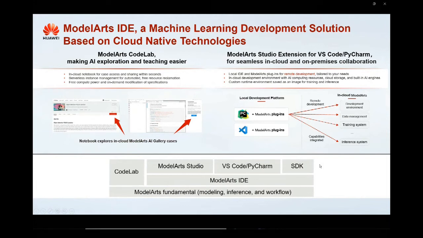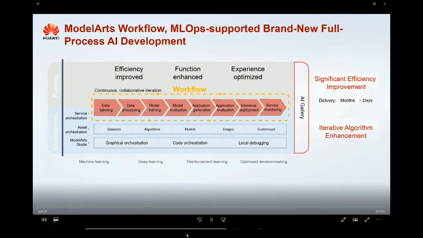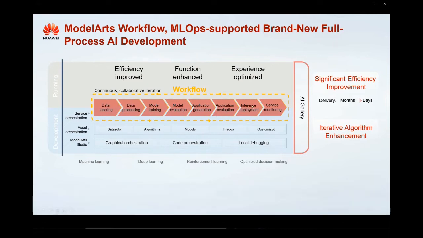And the workflow, we have two types. One is development, one is running. This workflow I mentioned before: for example, data labeling, data processing, model training, evaluation, application generation, then inference deployment, and lastly service monitoring.